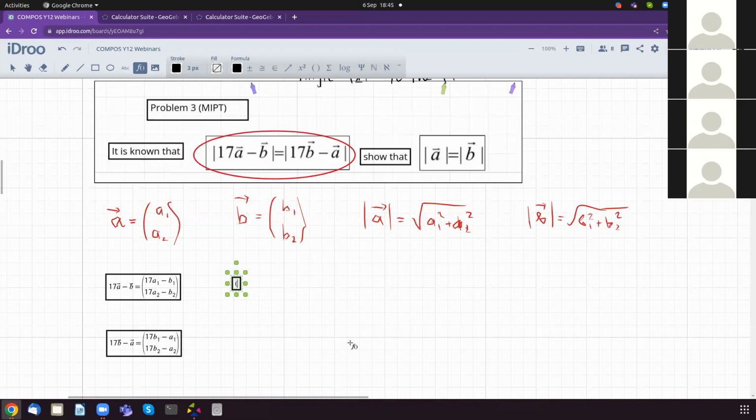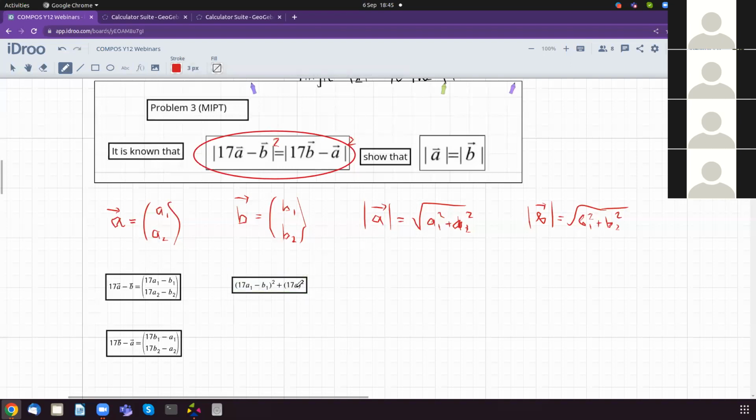So the modulus of 17a minus b is the square root of 17a1 minus b1 bracket squared plus 17a2 minus b2 bracket squared. Basically, we're squaring the left-hand side and squaring the right-hand side to get rid of the square roots.